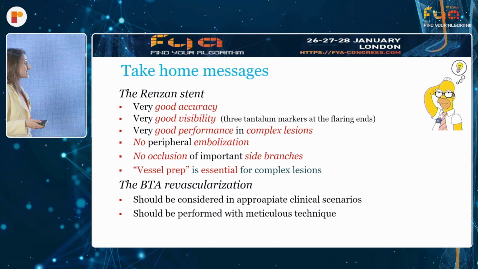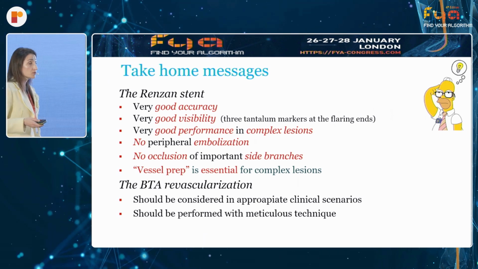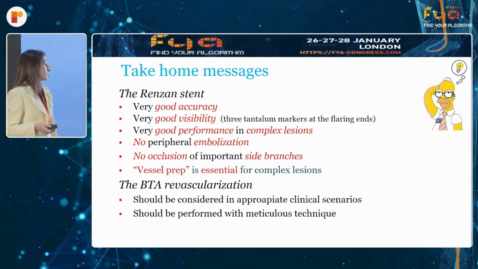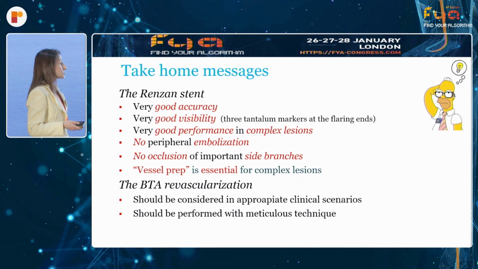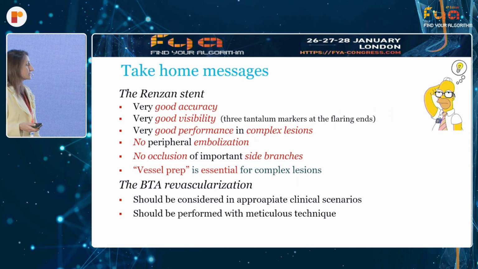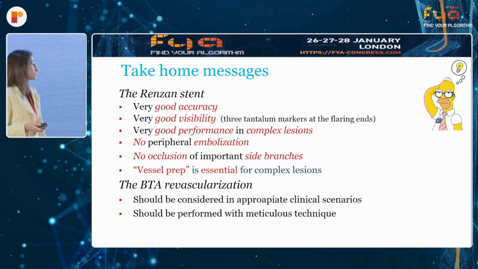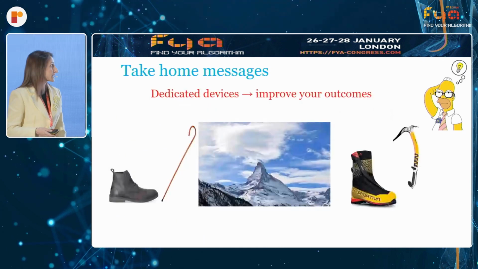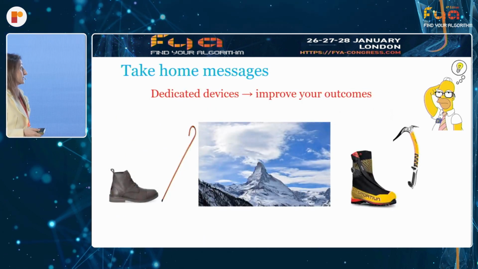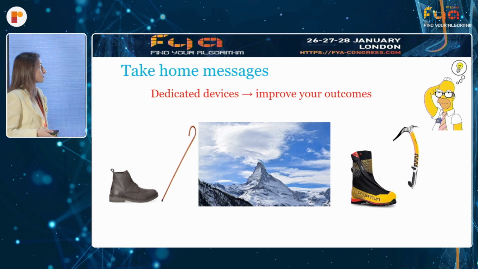Vessel prep is essential for complex lesions, not only for these stents. And BTA revascularization should be considered in appropriate clinical scenarios, and it should be performed with meticulous technique. And dedicated devices may improve your outcomes.